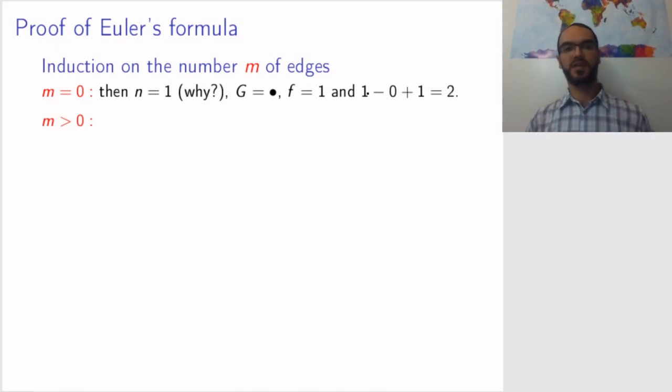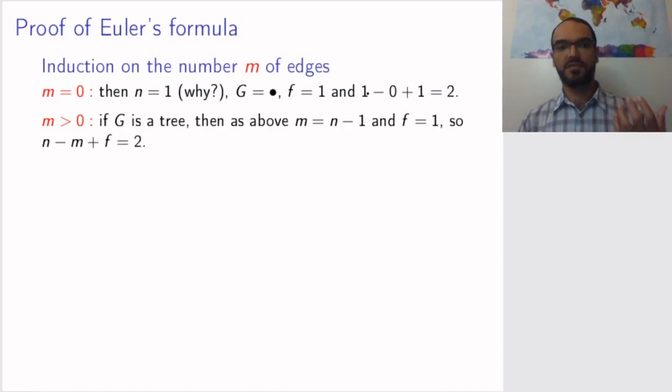Now let's go to the induction step. So assume now that we are looking at a graph having some positive number m of edges, and assume that we know that any graph with fewer edges than that satisfies the formula. So this is our induction hypothesis, that Euler's formula is true for any number of edges smaller than m.